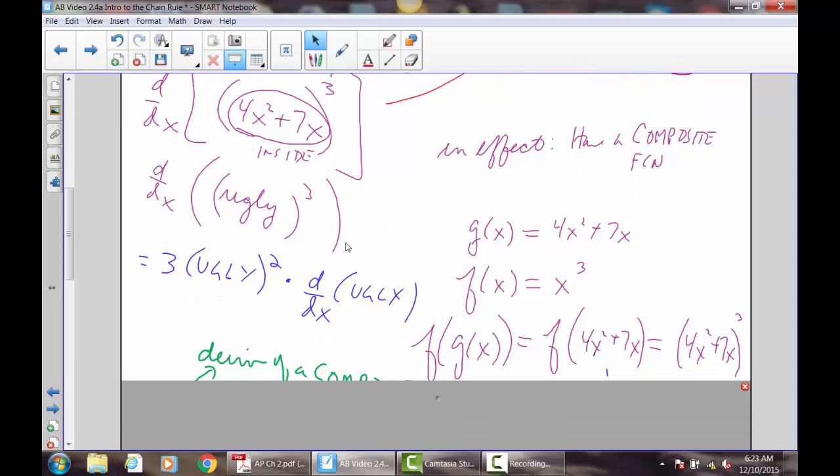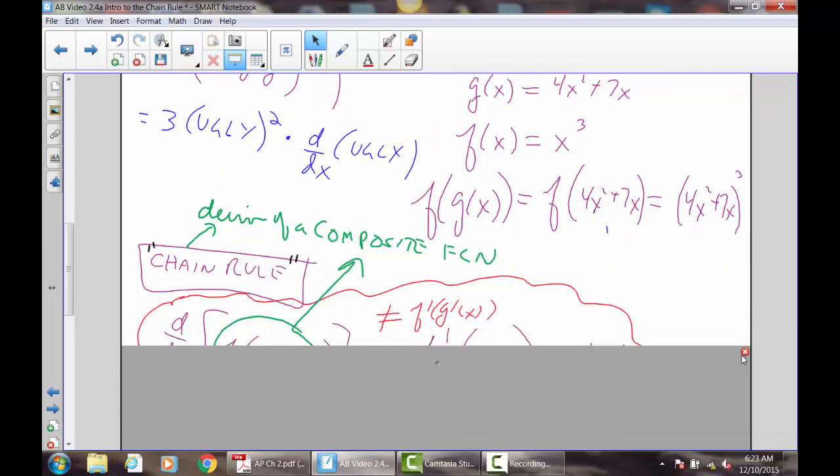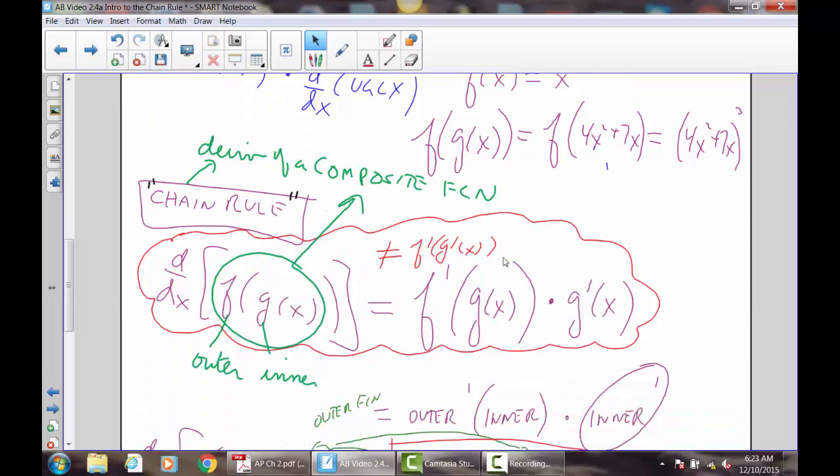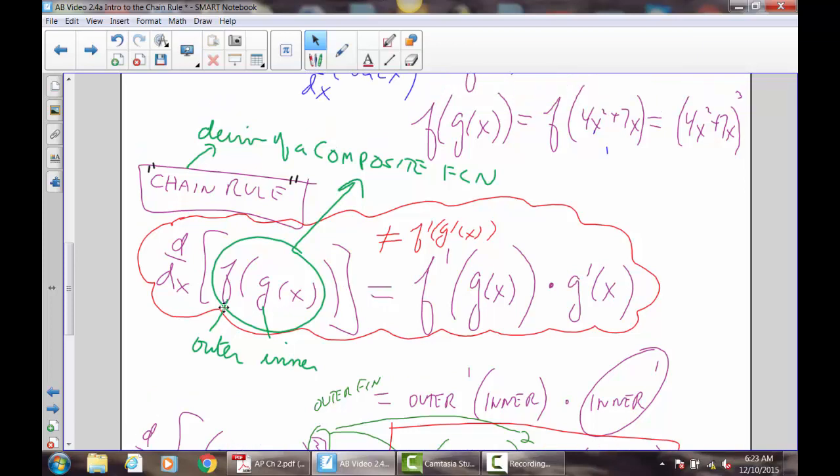So the way we deal with this is, like before, if you had something cubed and you wanted to take the derivative, you would go 3 times that something squared. But because that something is not plain old x, you will also have to multiply that by the derivative of that quantity. So here is the actual chain rule, and you do need to know this formula because they will give you numerical questions where you won't have algebraic functions to deal with.